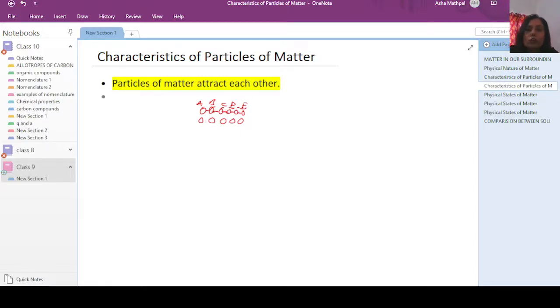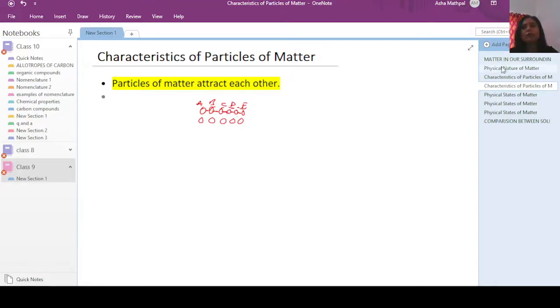This force of attraction helps them to bind with each other and stay together, whether it is any form of matter, solid, liquid or gas. So yes, of course, there is some force of attraction between these particles which makes them stay together. Clear? And we just call it the force of attraction among the particles.